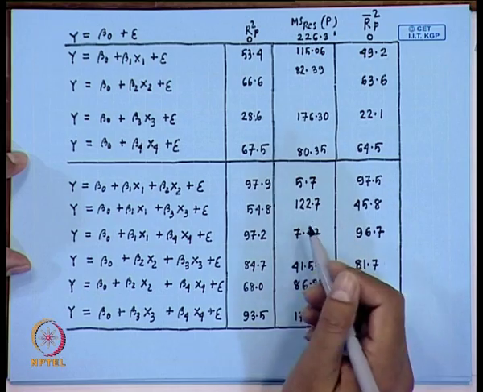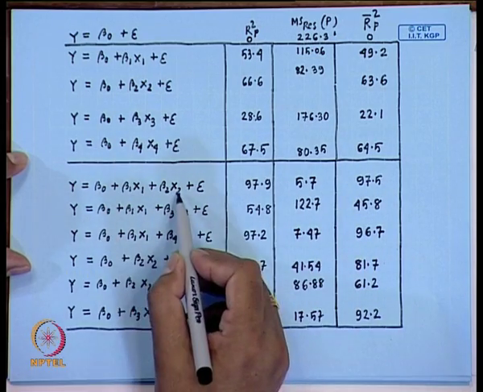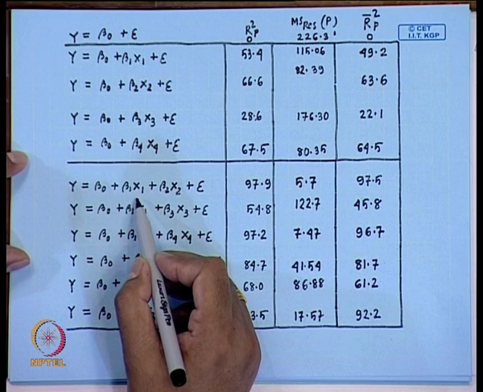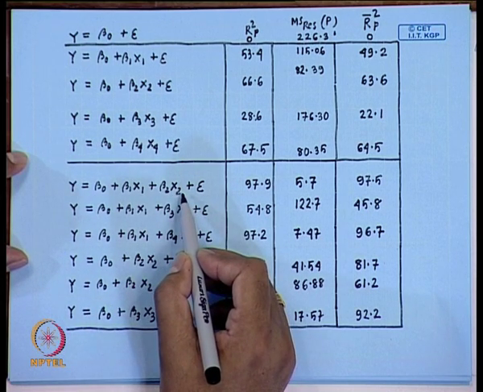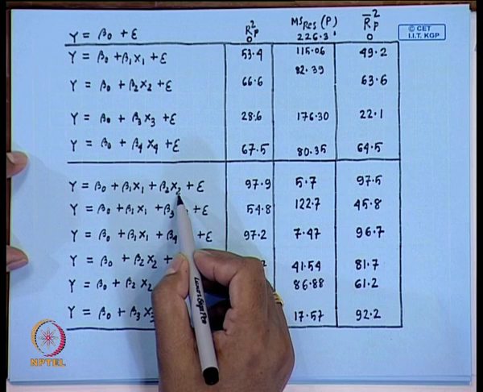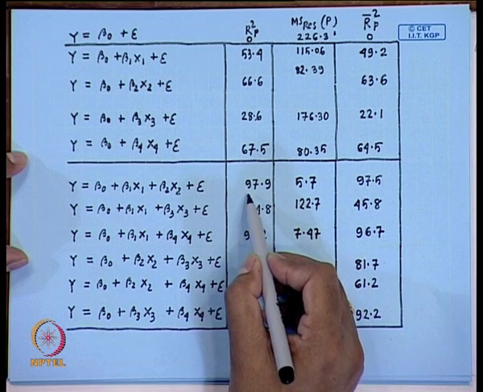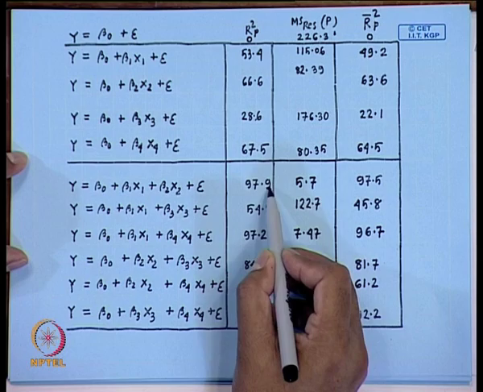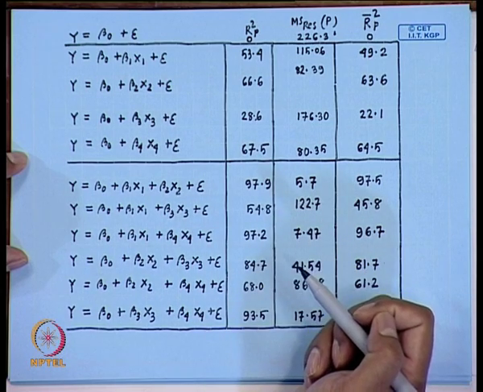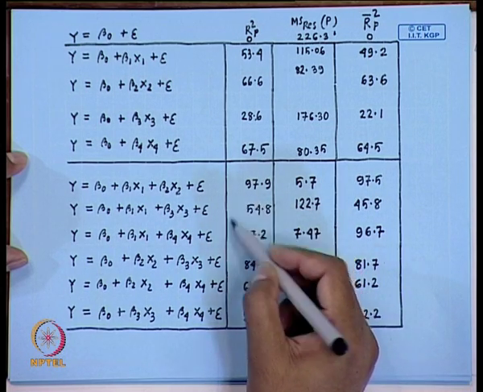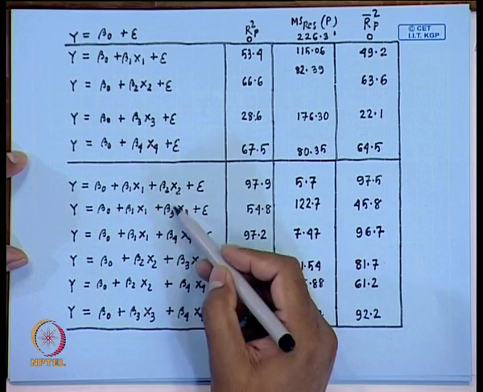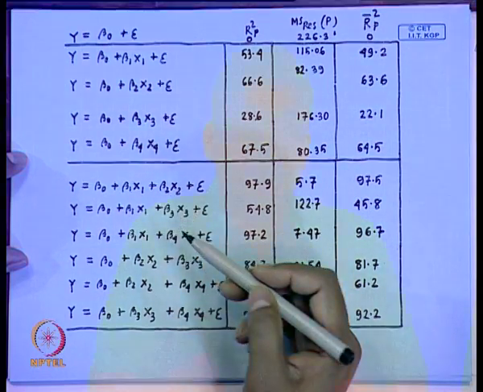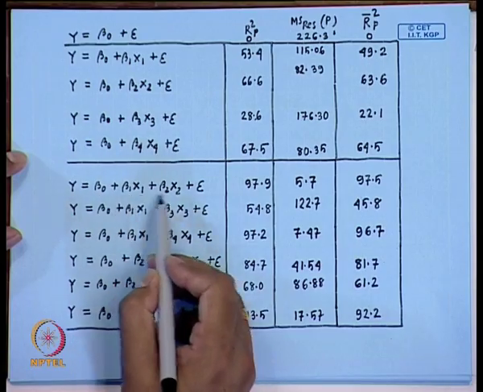Here you can see that this model particularly is a good one. This one is involving x 1 and x 2, and the coefficient of multiple determination here is 97.9%. That means, which is maximum in this class. So, among the regression equations involving two variables, this one is best.